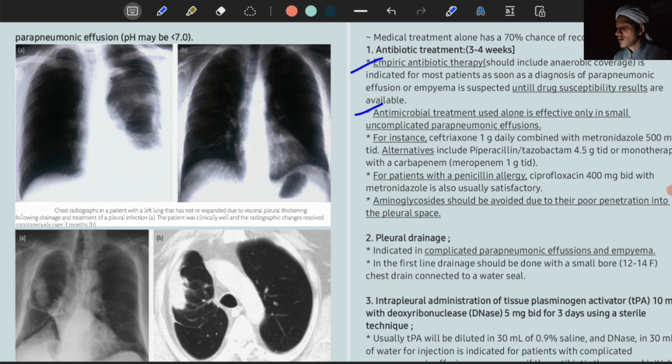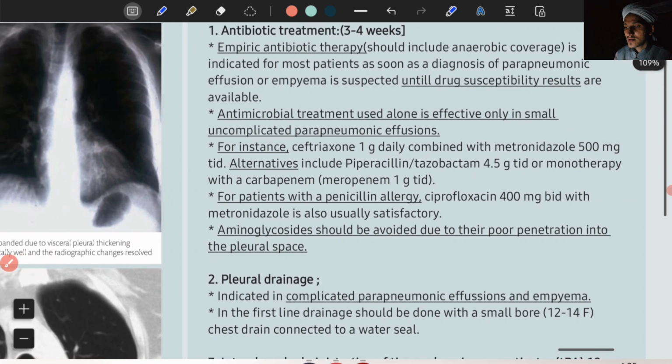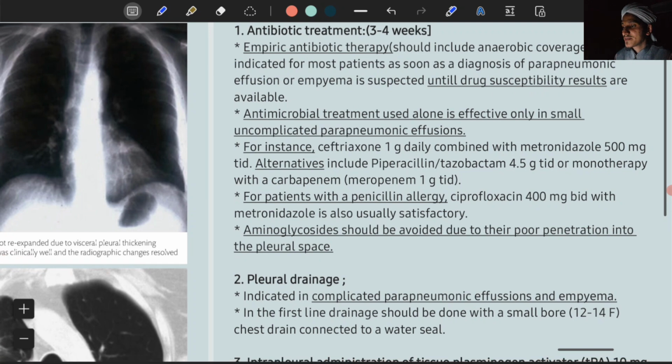So an example for empirical therapy: ceftriaxone 1 gram, which will cover gram positive as well as gram negative, along with metronidazole, which will cover anaerobes.